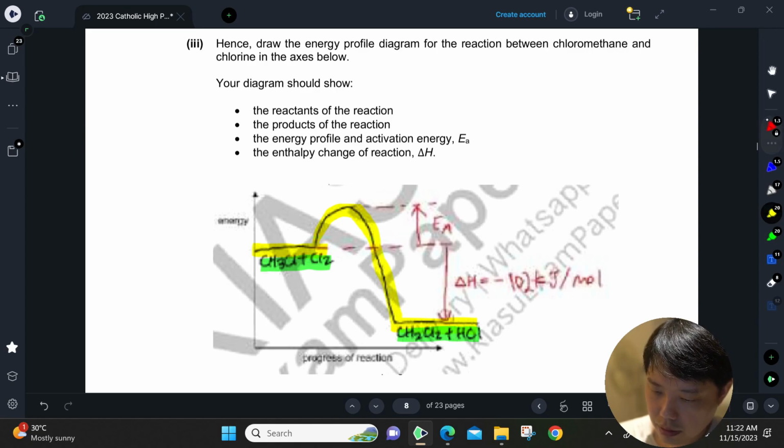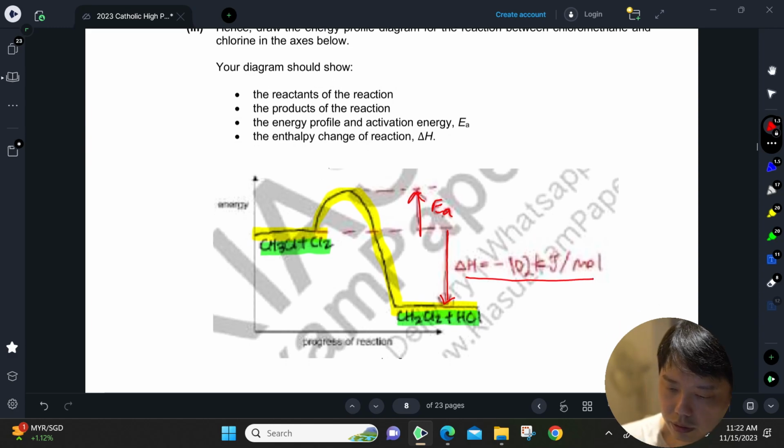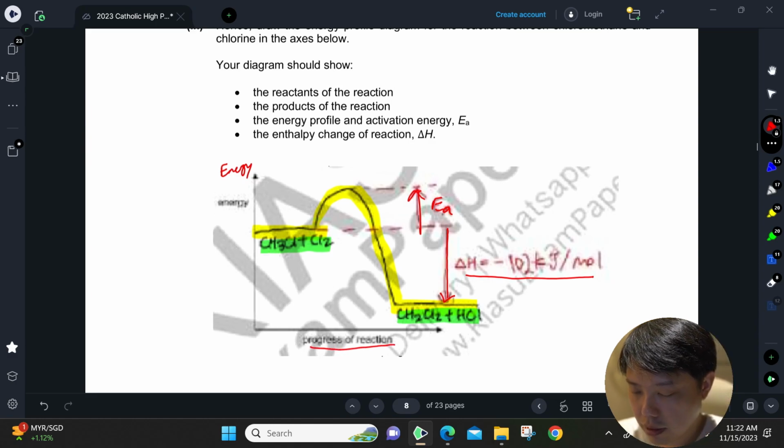This part we label as the activation energy, and from the reactant level all the way to the product level is your delta H. That's all you need to label in the graph. The axes: label the y-axis as energy, and the x-axis as progress of reaction.